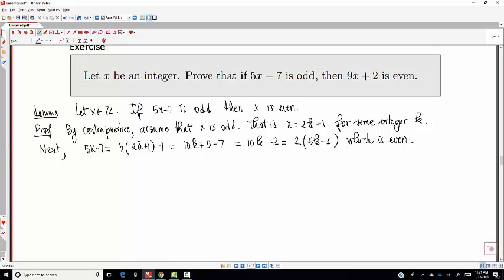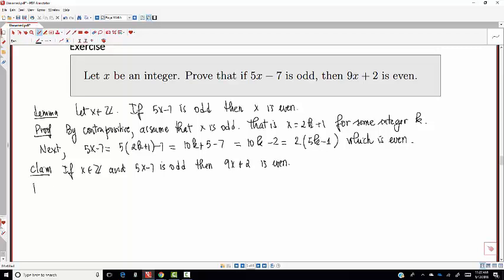So we can now use this to try to prove the original claim directly. Let me write down the claim here again. If x is an integer and 5x minus 7 is odd, then 9x plus 2 is even.